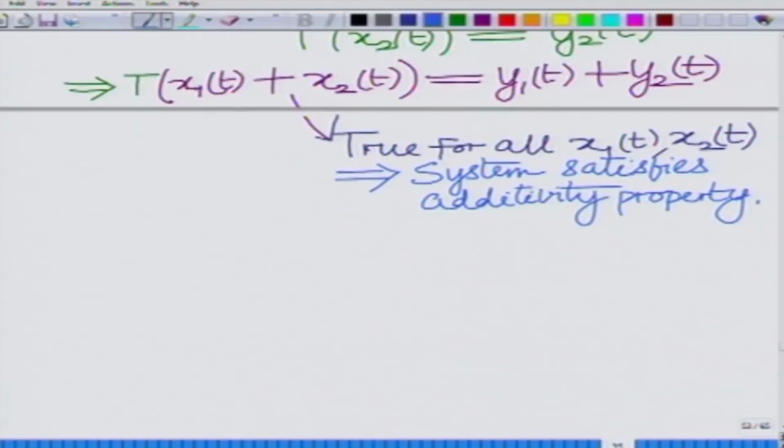Now the next property is what is known as homogeneity.